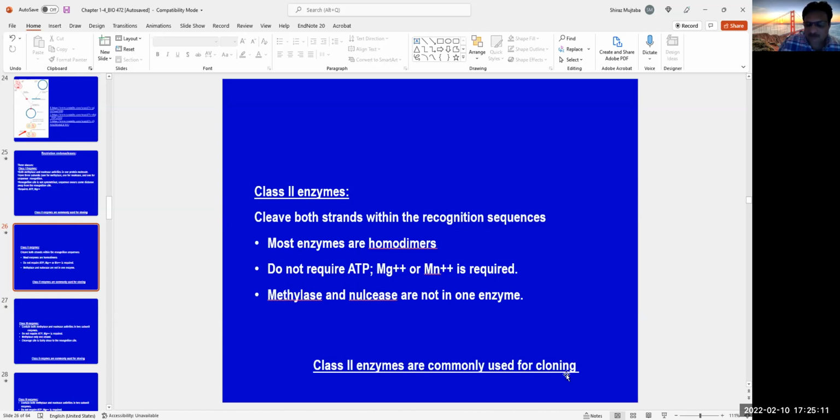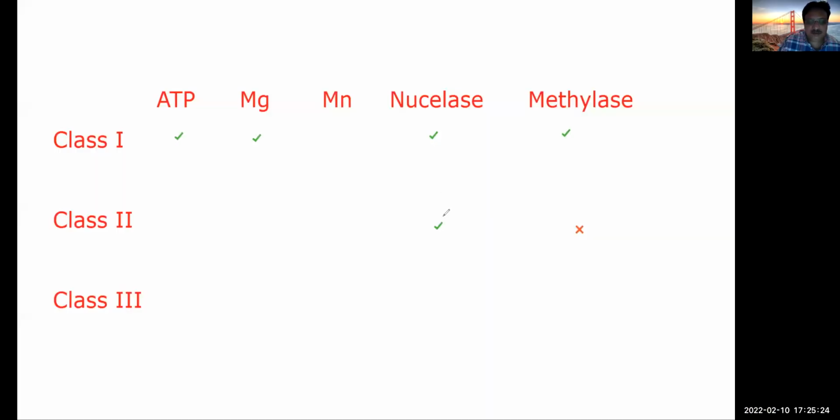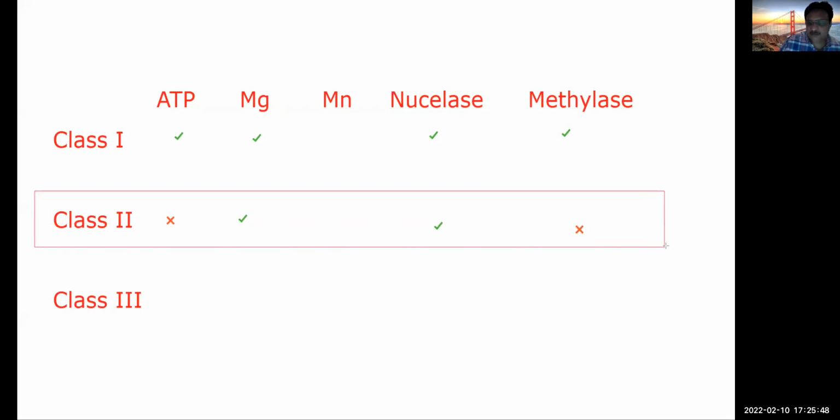And the reason we are studying this restriction enzyme is to learn more about cloning. So this is the class 2 enzyme that is mainly used for cloning. They have nuclease activity, they don't require ATP, but they require magnesium, and some enzymes can require manganese. So this is the difference between the class 1 and the class 2 enzymes, right?